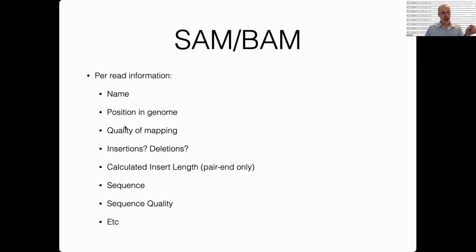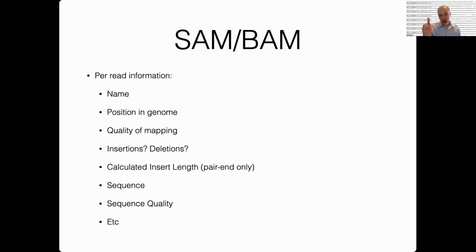It also can assign a quality of mapping. There's some specification as to how to determine that, but it's basically like the Phred score is how reliable the base call is. This quality of mapping is how reliable the mapping is.